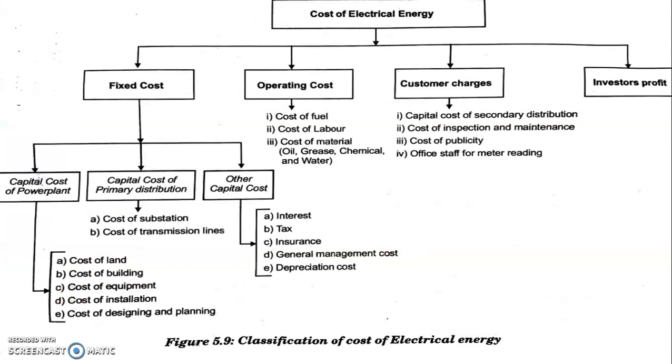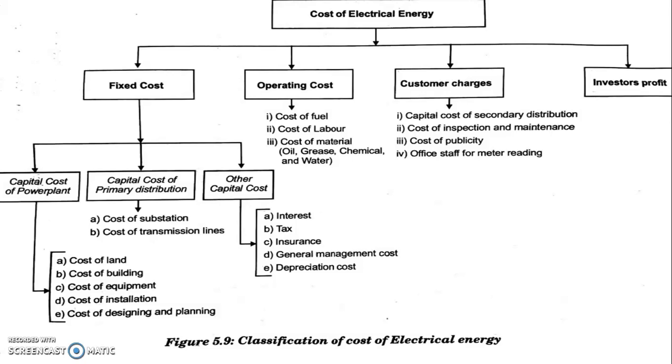Next topic is cost of electrical energy. So what are all the costs calculated for electrical energy? Here the first one is fixed cost, the next one is operating cost, the third one is customer charges and the fourth one is investor profit.